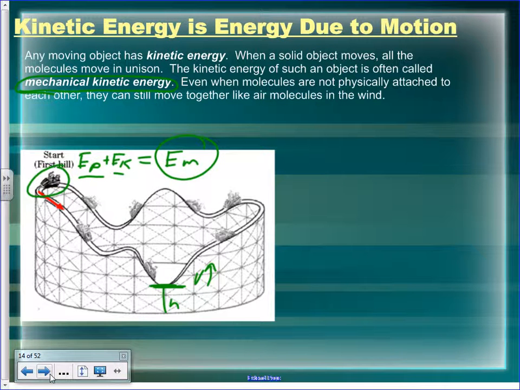Any moving object has kinetic energy. When a solid object moves, we consider all of its particles to be moving in unison. Right now, all the air particles in this room are also moving. But are they moving in unison? No, they're all moving randomly. Now, were I to open a window, would more of them be moving in unison? Would you feel that? Yeah.